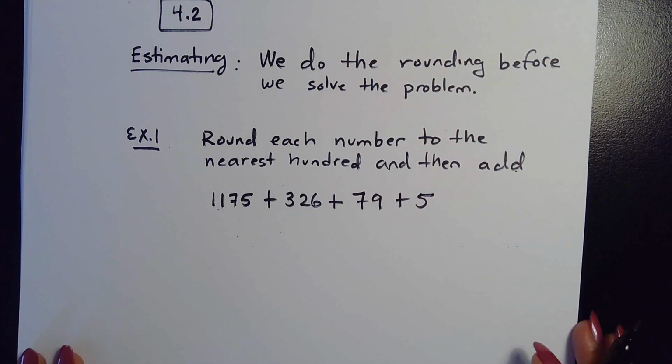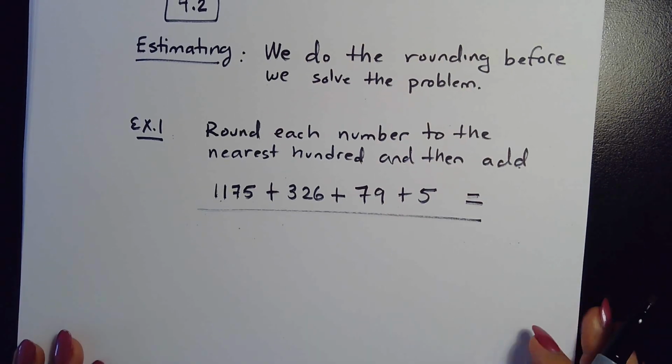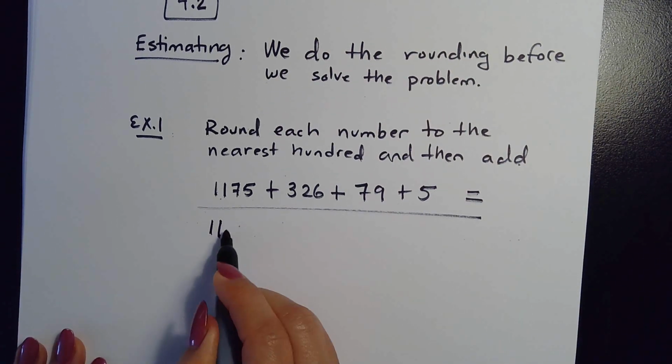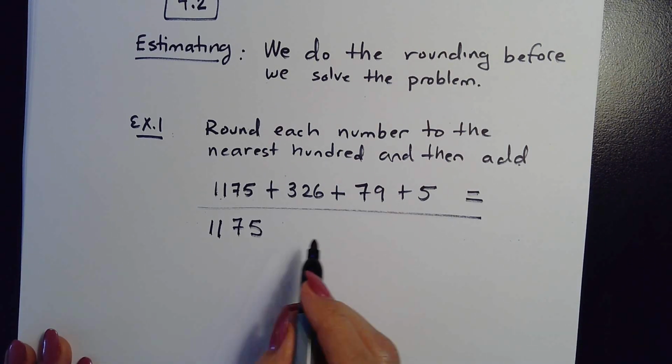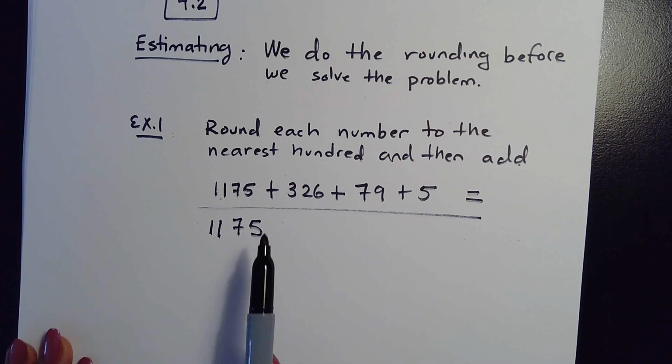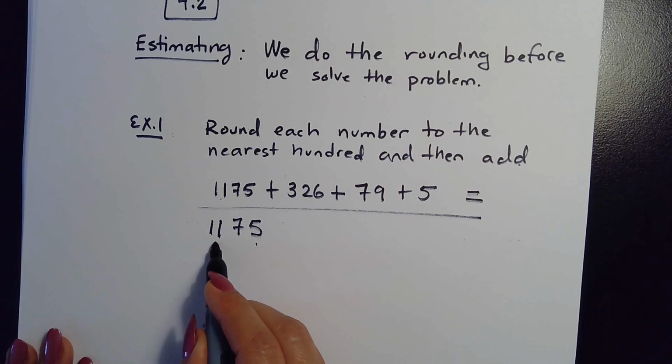Okay, so let me tell you what we need to do here. We have 1,175, and we are rounding to the nearest 100. So we need to identify the hundreds place. You have the ones from right to left: the ones, the tens, and the hundreds, right? So this is the place.